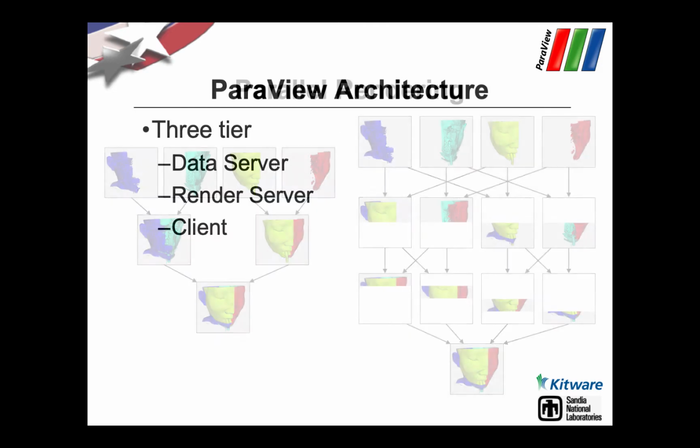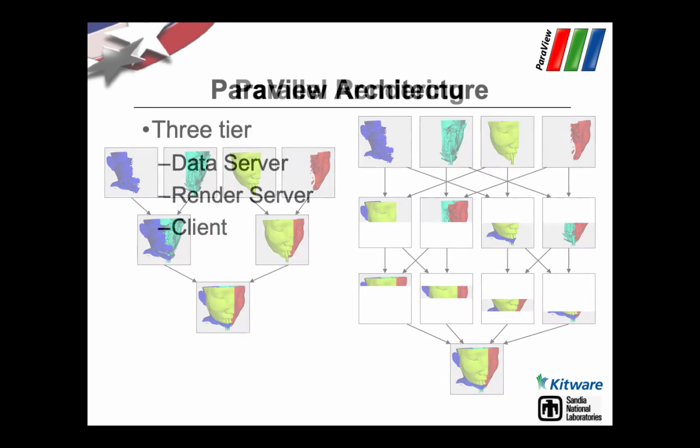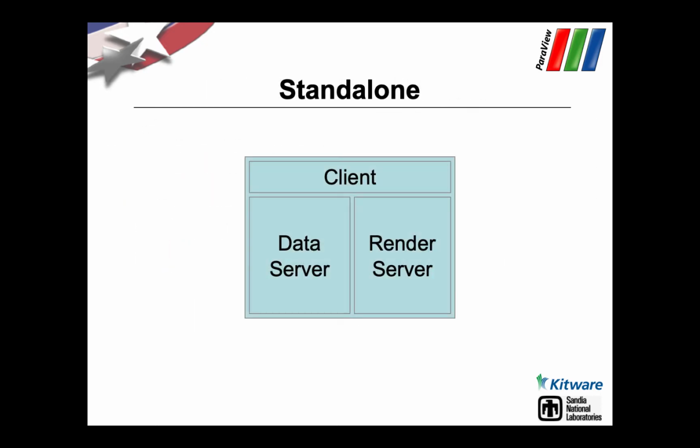So this was the idea that you can break up rendering. There are multiple ways that you can run something like ParaView. The way that we're running right now is this way: there's a client, a render server, and a data server that's handling the data, all run in one package.